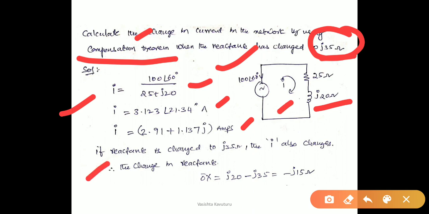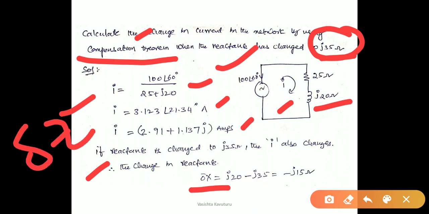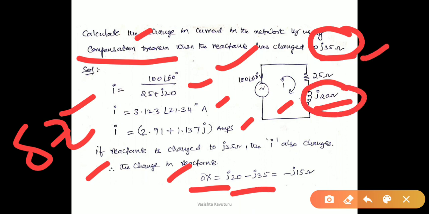Therefore the change in the reactance is denoted as ∂Z or del Z. Here only the reactance part is changed, which is why we denote it as del X. The original value is j20 and the modified value is j35, so the difference is minus j15. That means with respect to the given network, the reactance value is increased.